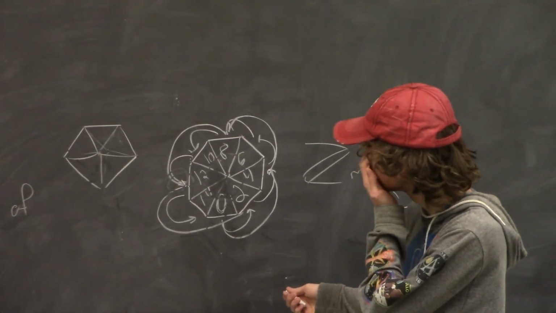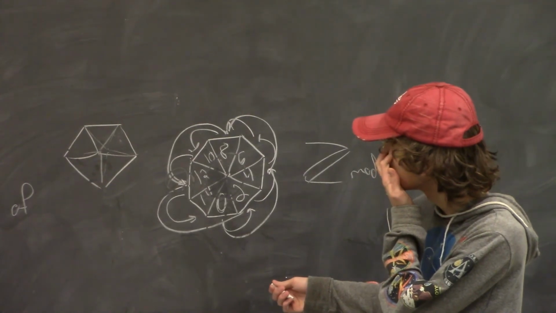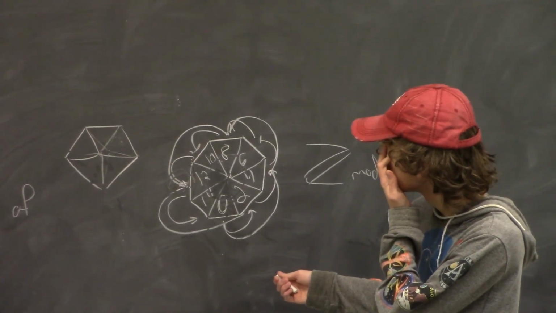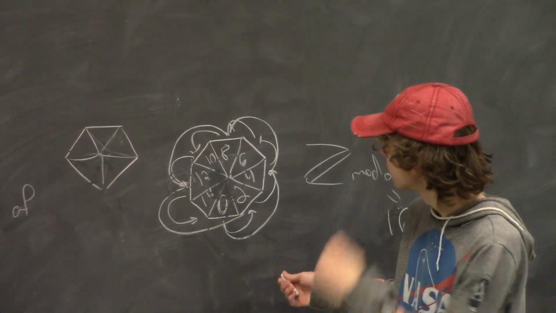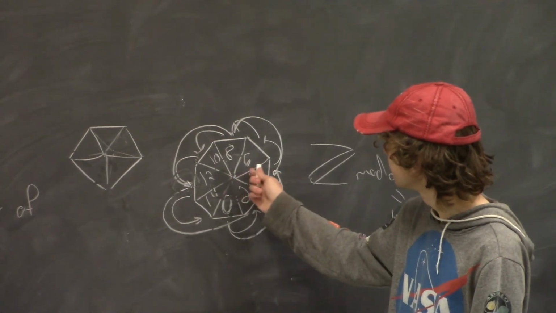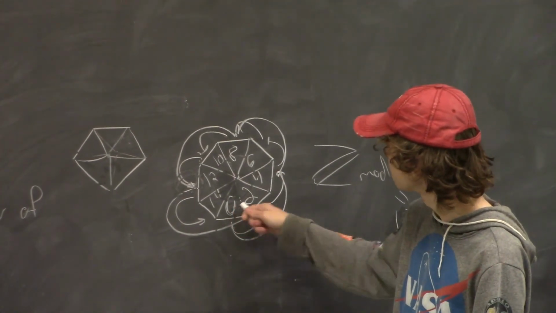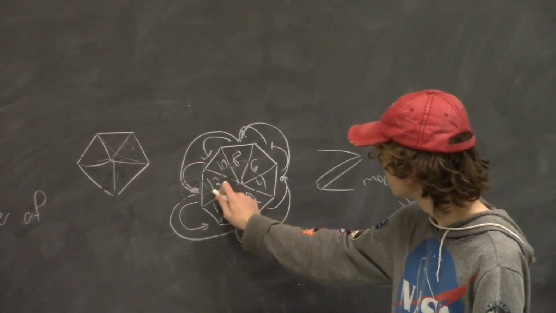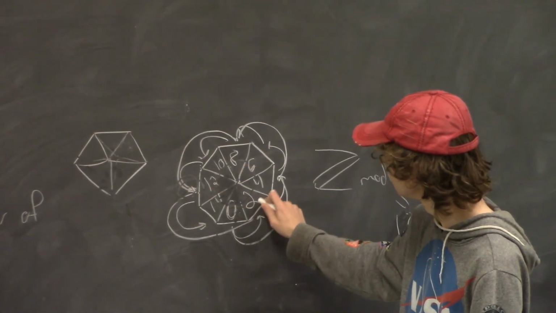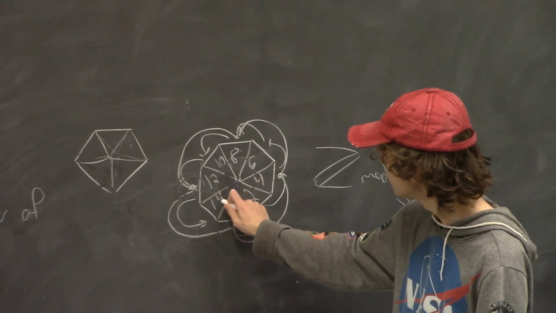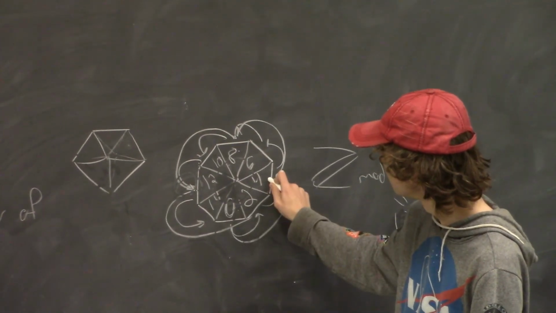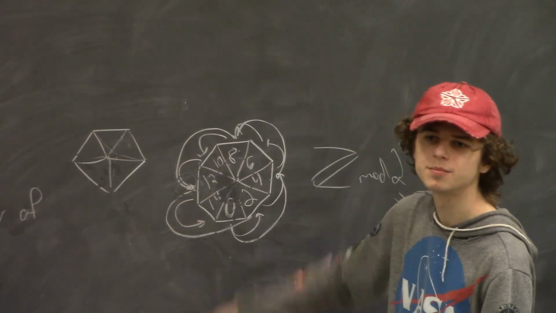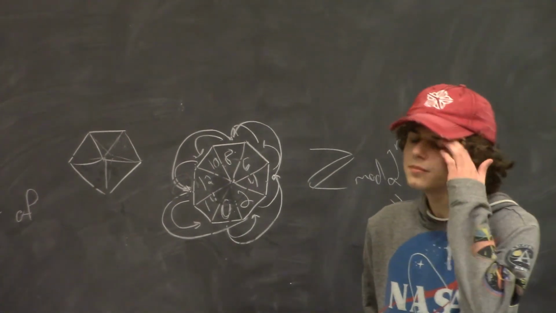The multiples of 6 is 0, 6, 12, 18. Wait, you go through 4 every time. So it's 6, 12, 2, 8, 14, 4, 10. It's all. Okay. Right.